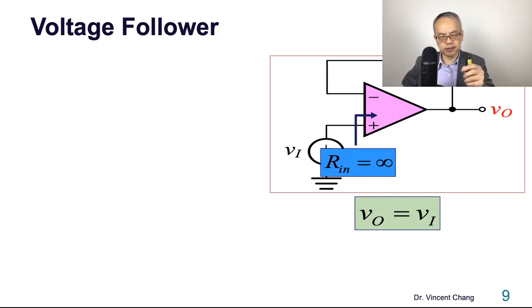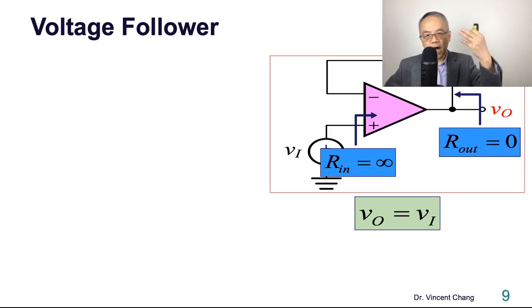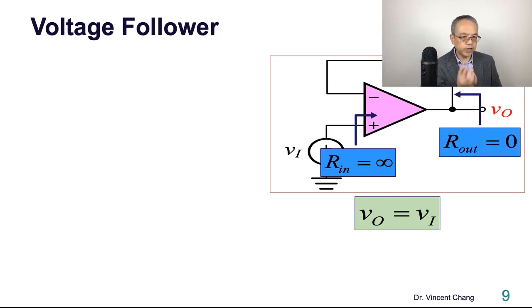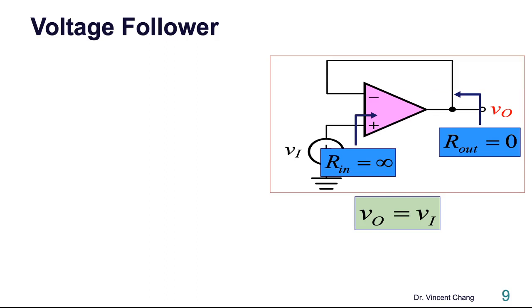The second characteristic of this circuit is the input resistance of this follower, which is the same as in the non-inverting amplifier: infinite. And the output resistance equals 0. So infinite input resistance, 0 output resistance, and gain equals 1.